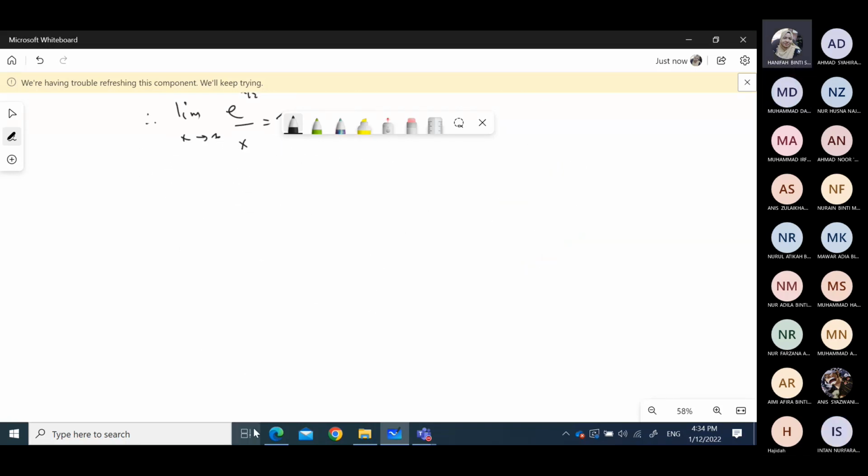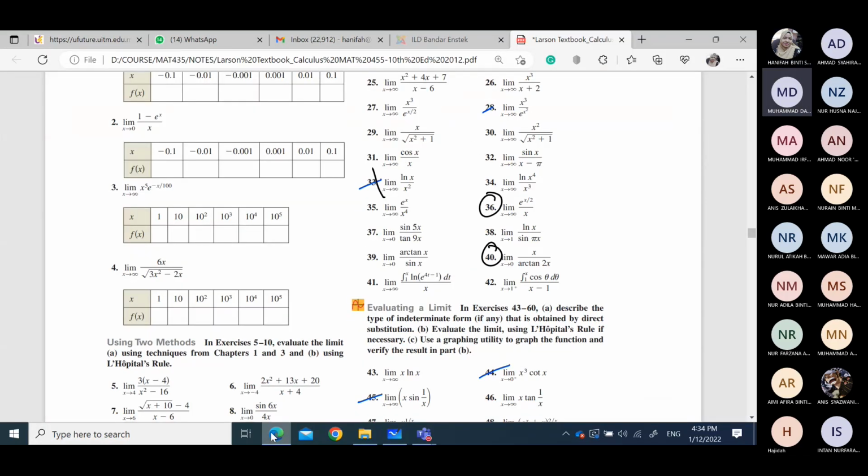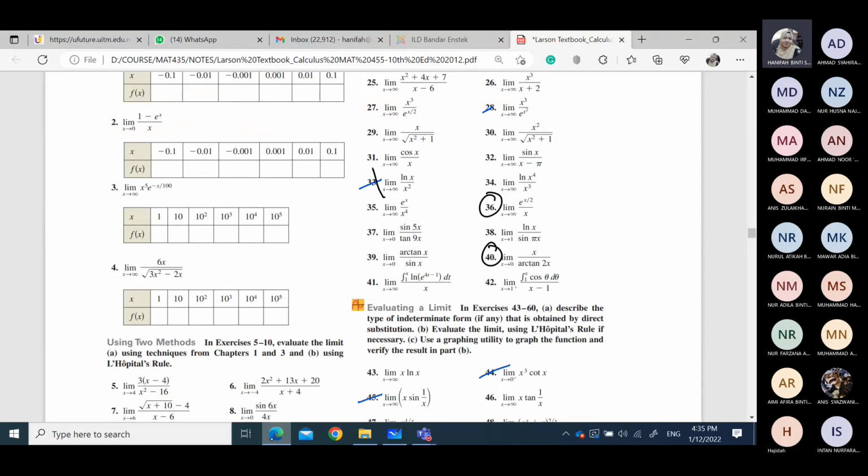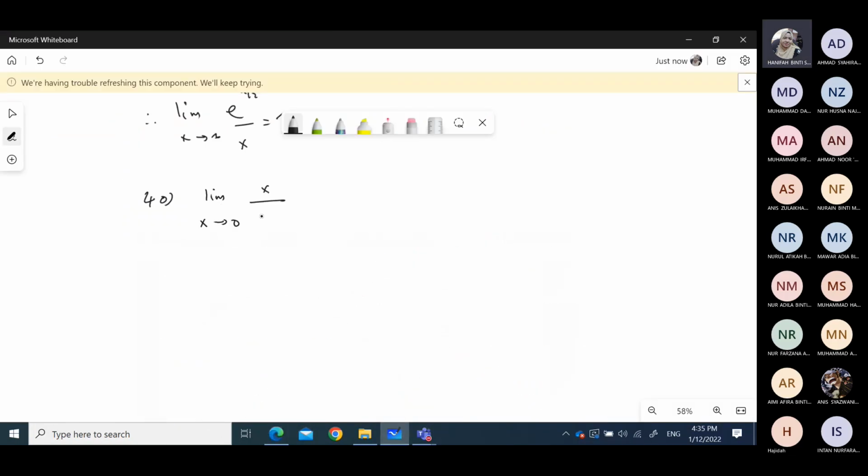So now let's look at 40. Arctangent. The limit as x approaches 0 of x over arctangent of 2x, tangent inverse.